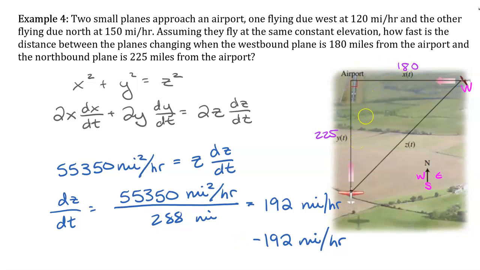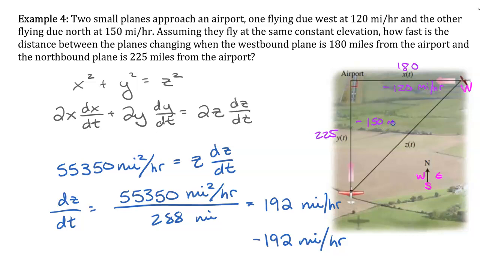So this lovely 120 and 150 that we used is actually a negative because they are getting closer to the airport. So they are decreasing their rate, which means they're getting closer and closer, and thus it is a negative.